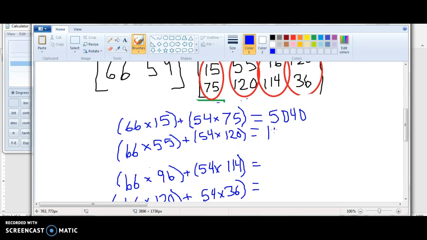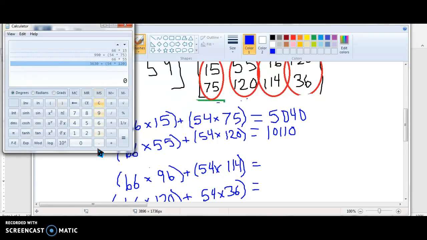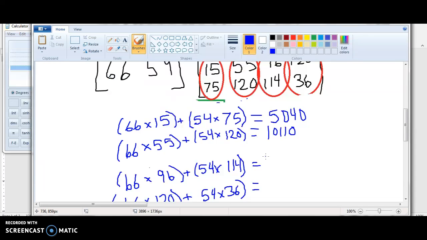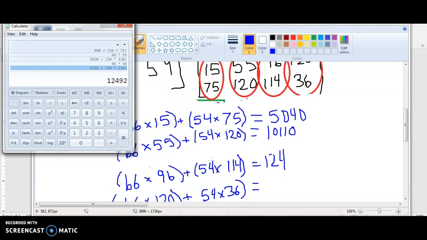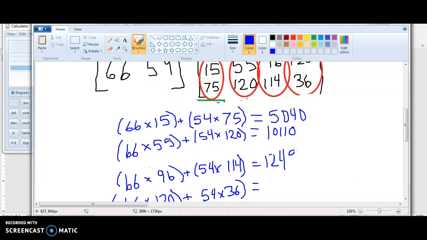That's 11,110. Huge number. Okay. 66 times 96 plus 54 times 114. 124. 92.